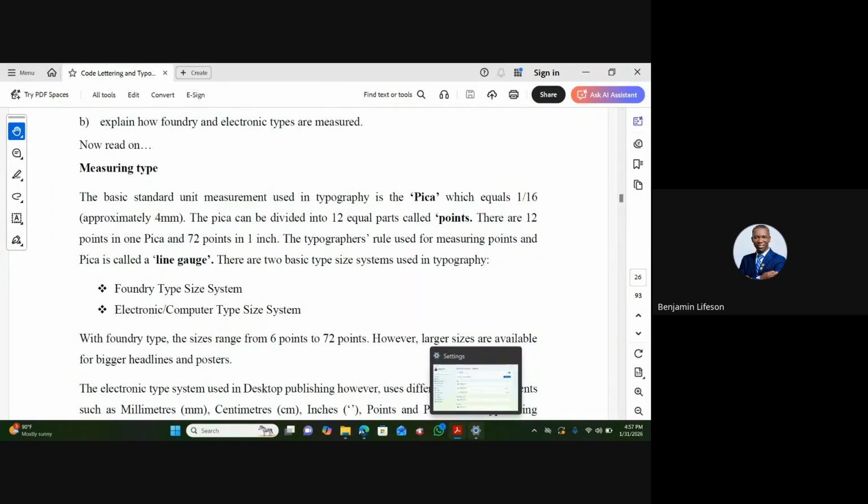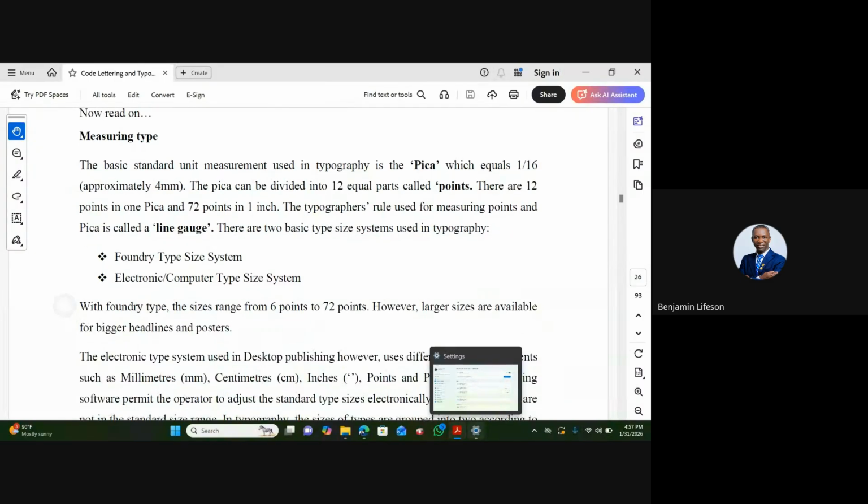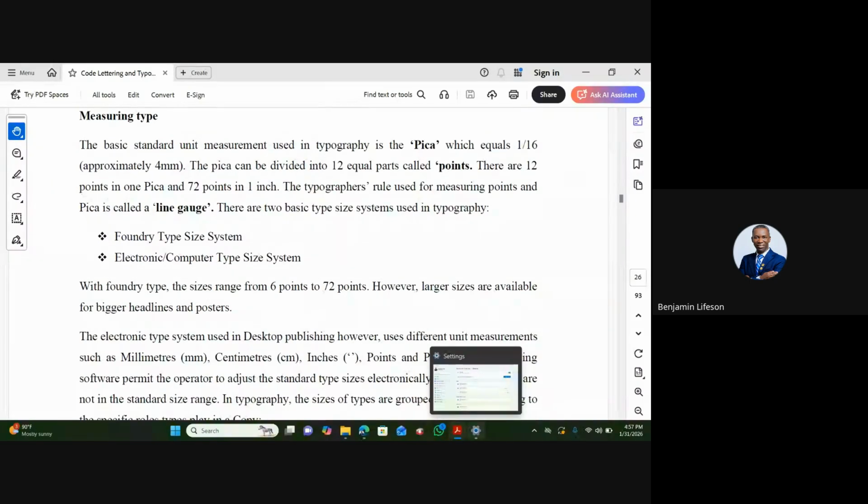So there are 12 points in one pica and 72 points in 1 inch. The typographer's rule used for measuring points and picas is called a line gauge.